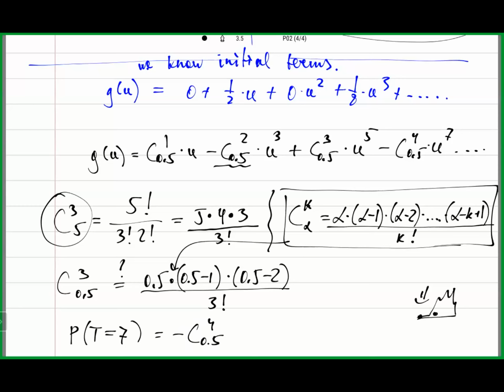So that's the probability that t will be equal to 7. Okay, what is this number? We should write minus 0.5 times (0.5 minus 1) times (0.5 minus 2) times (0.5 minus 3) divided by 4 factorial. And I may find any probability.